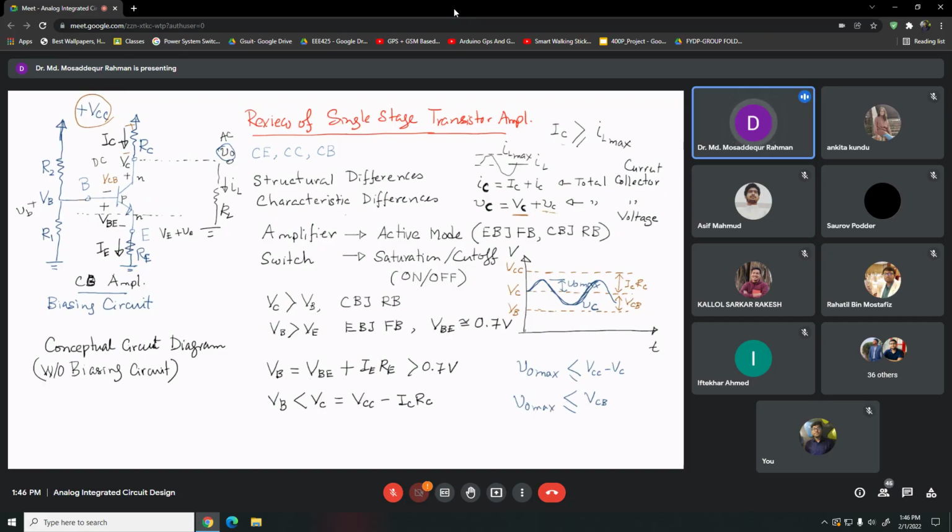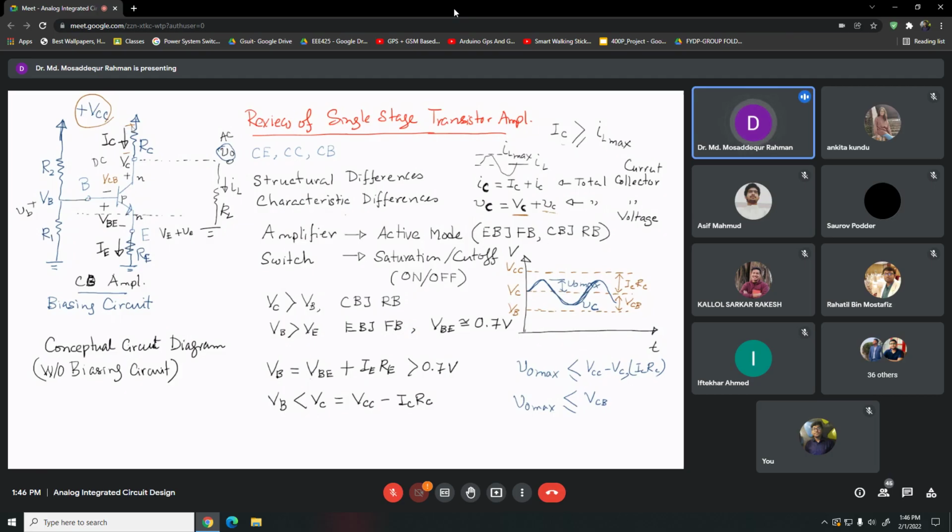Or in other words, the load voltage demand, how much voltage is needed for your load, this difference, which is also your ICRC, has to be greater than your Vomax, or at least equal to, and VCB also has to be equal to or greater than Vomax.